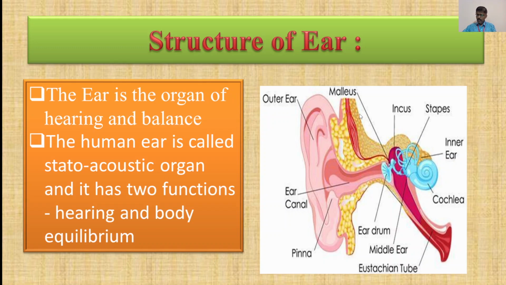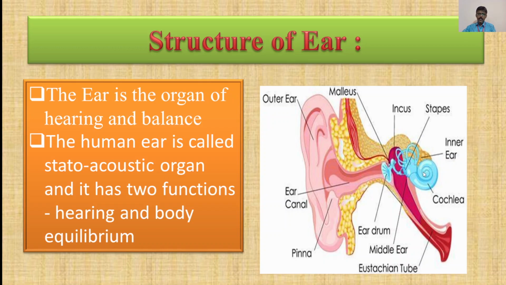Then the bone which is attached to the eardrum, just behind the eardrum, is the malleus. Then the second part is the incus. Then this is the middle ear, and this is the stapes. Now the stapes is the smallest bone in the human body. This is the inner ear, this is the middle ear, and this is the tube which is called the eustachian tube, and this is the part of the internal ear, called the cochlea.